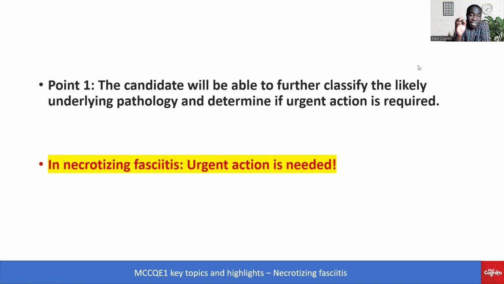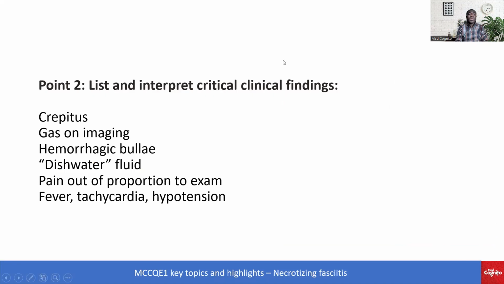And with necrotizing fasciitis, sure, urgent action is required. You don't need to play around with this particular condition because it can progress very quickly. So in a situation like this, whether it's in your CDM or in the MCQ, you have to attack it with all seriousness, all urgency. And that's what I'm trying to point at.